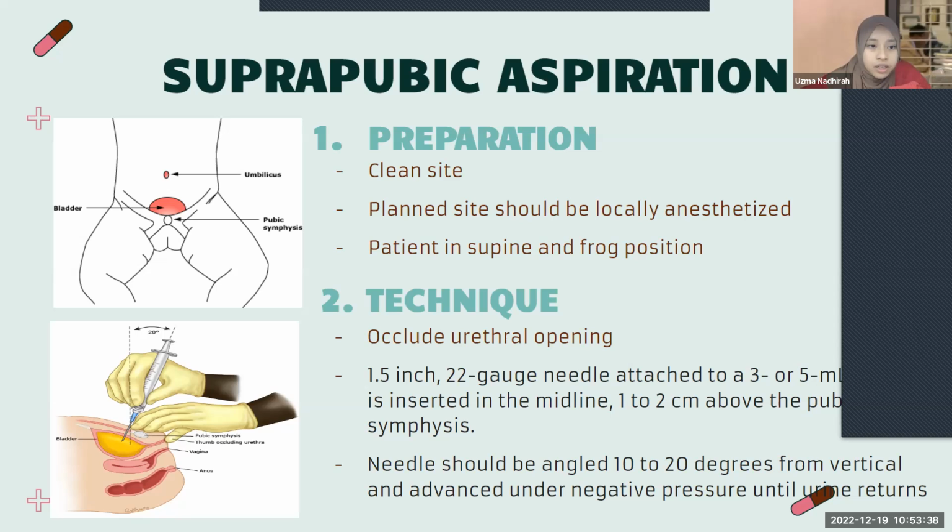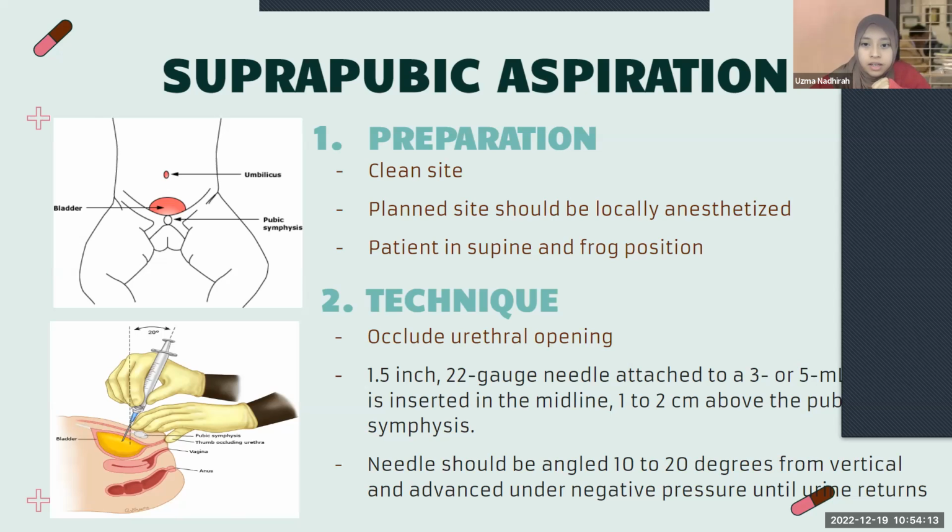The urethral opening, we can occlude it, because usually this will stimulate the child to urinate. To occlude it, we can squeeze the penile urethra inwards, or apply urethral pressure to the meatus in girls. The needle insertion site is 1 to 2 centimeters above the pubic symphysis, so we have to palpate for the pubic symphysis and locate it.